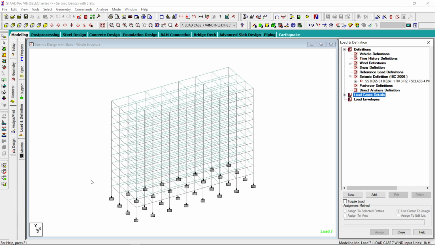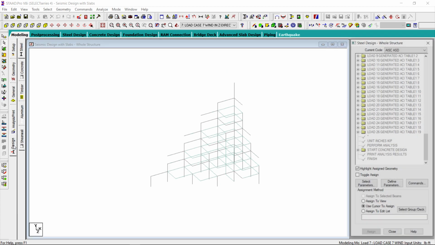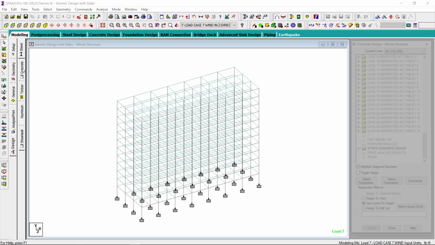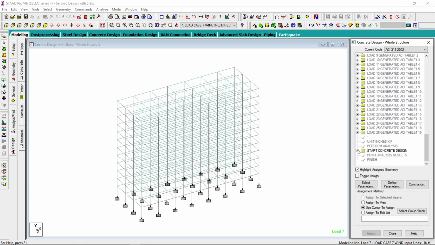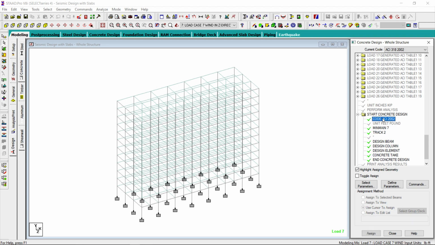So what I did, I defined the parameters for concrete design. Code, as you can see, I have defined ACI 2002 and various parameters are defined. Nothing special, all the values are default. So let us run this.